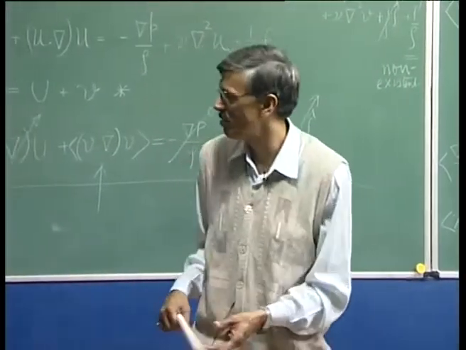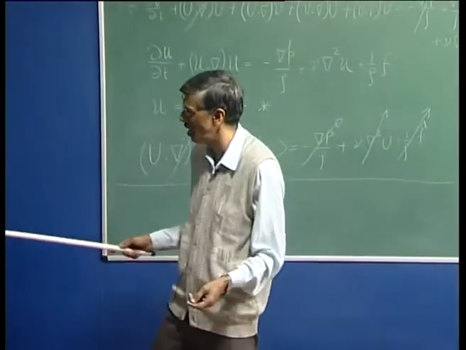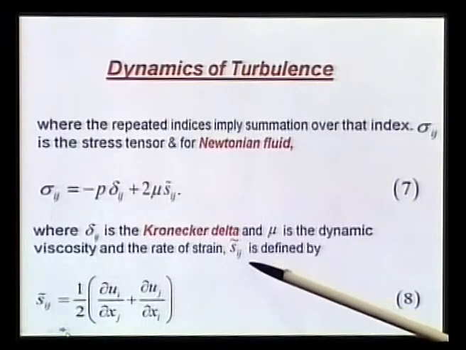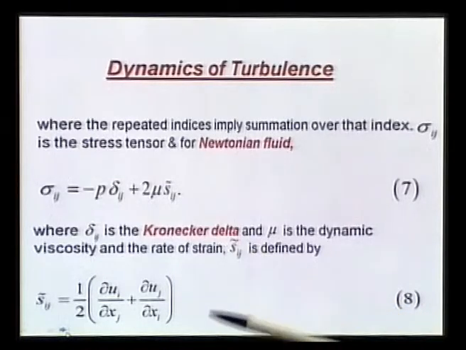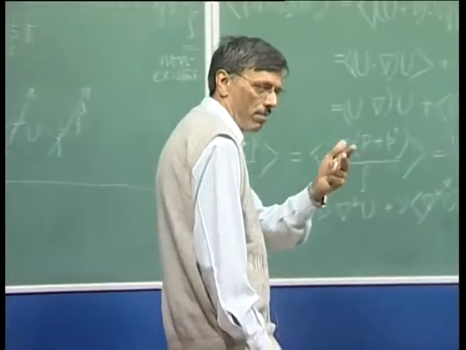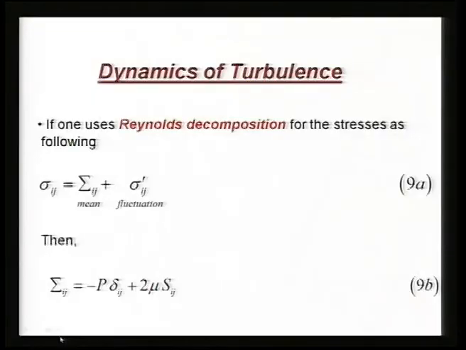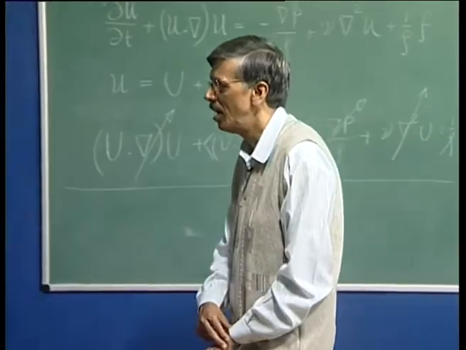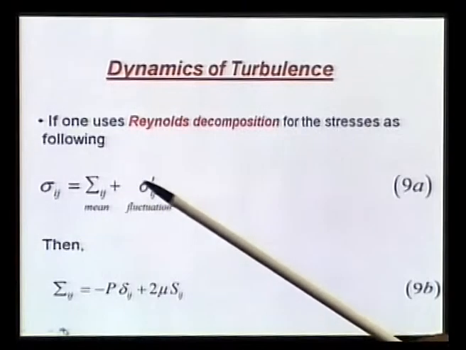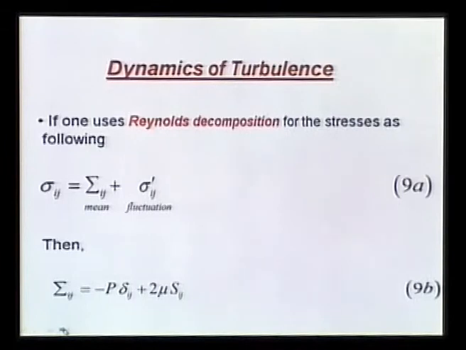We are familiar with that in basic fluid mechanics, so we will not go through it. S tilde ij is your rate of strain, and that is defined as this. Okay. So, what happens is we have a stress term. We can also perform a Reynolds decomposition in terms of a mean component and a fluctuating component, where the mean component itself will have the hydrostatic part plus a mean strain rate.